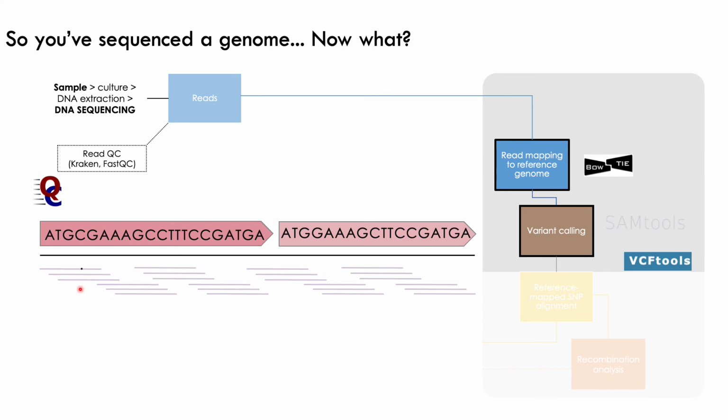So that would be an error. Whereas where you have a SNP at, let's say, all of the reads at that particular position, that would be real, and that would be a SNP. So the purple genome in this example would differ at this base from the reference genome.